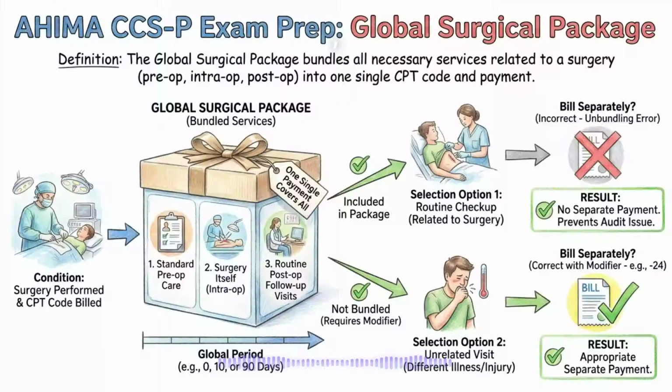The first advanced concept you must master is the global surgical package. When a surgeon performs a procedure, the CPT code they bill does not just cover the physical time spent in the operating room. The surgical package actually includes all the standard preoperative care, the surgery itself, and the routine postoperative follow-up visits.